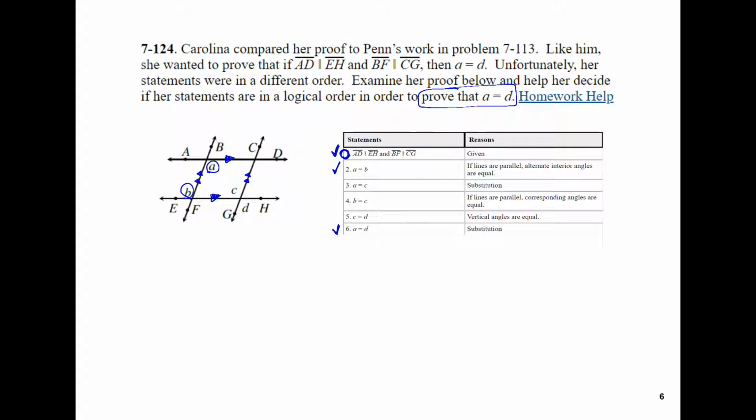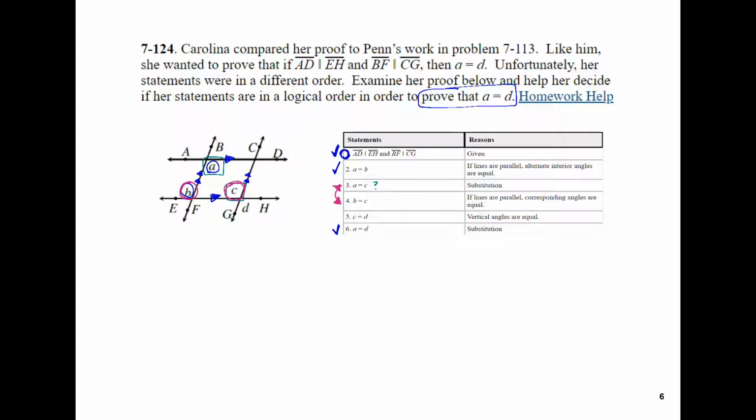She said that angle A is equal to angle C based upon substitution. And then step 4, she said B is equal to C. So angle B is equal to C. If lines are parallel, corresponding angles are equal. So actually, statement 3 depends on statement 4.